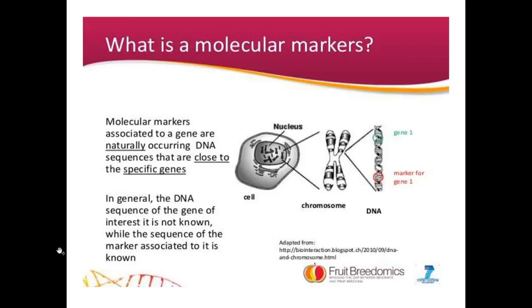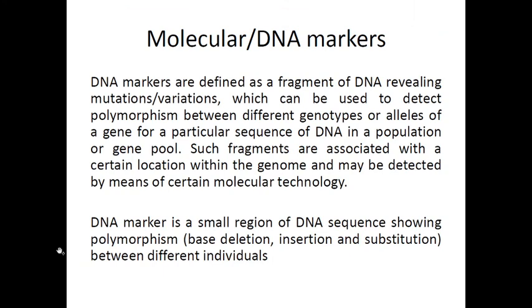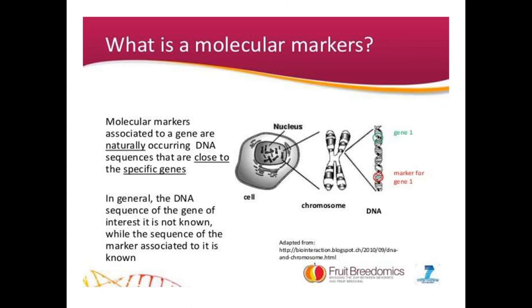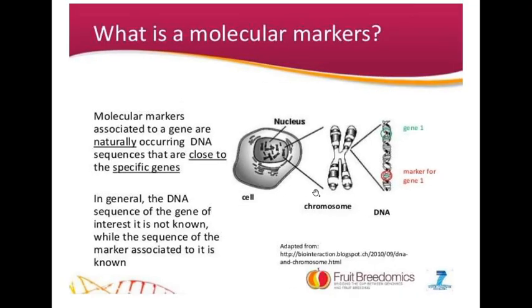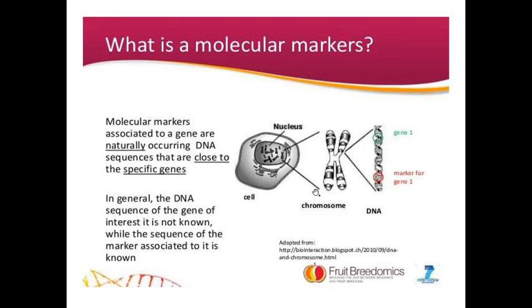So, what is a molecular marker, which we are going to deal with in great detail? Molecular markers are associated with a gene and are naturally occurring DNA sequences that are very close to the specific gene sequence. Here you can see how the organization of the genes is taking place in the plant cell: inside a nucleus there are various chromosomes.